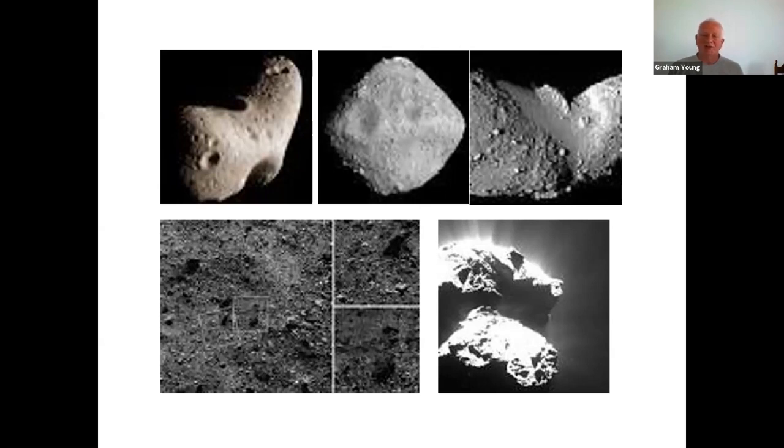Small, rocky bodies, irregular in shape. We already had an inkling of what these bodies were going to look like, because way back in 1969, when Mariner arrived at Mars, it pointed its cameras at the 2 moons of Mars. Now, they're small, tiny moons, and they are similar to asteroids.